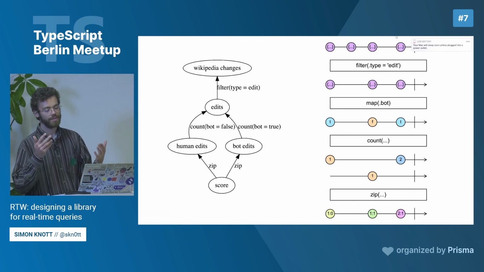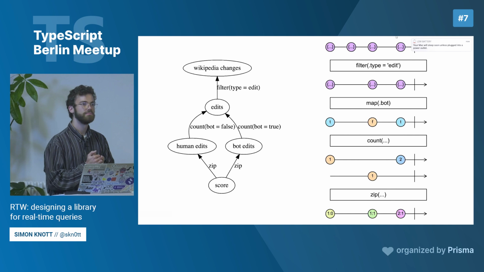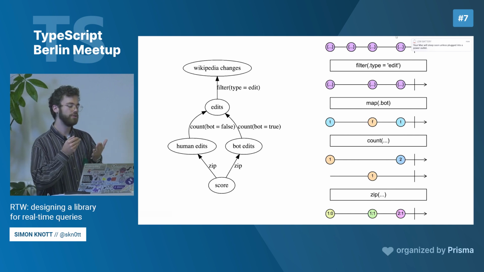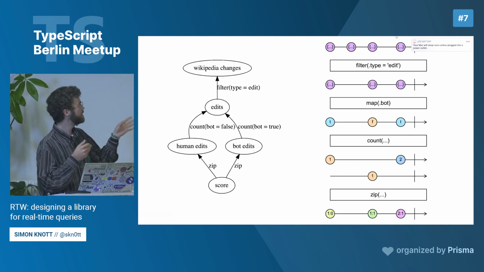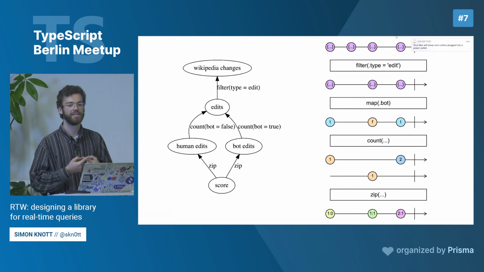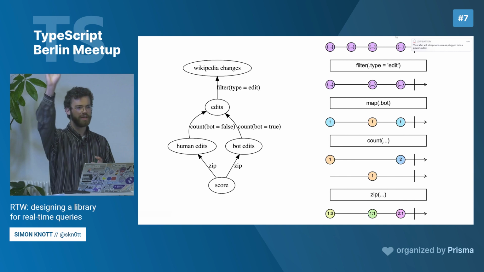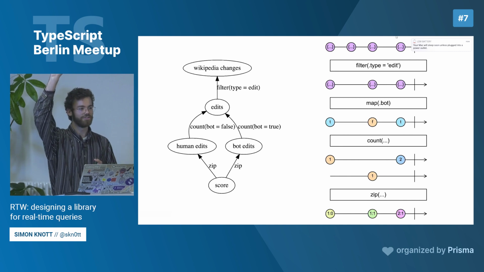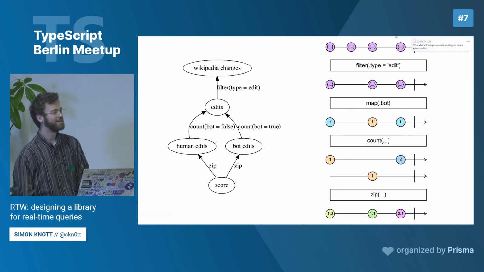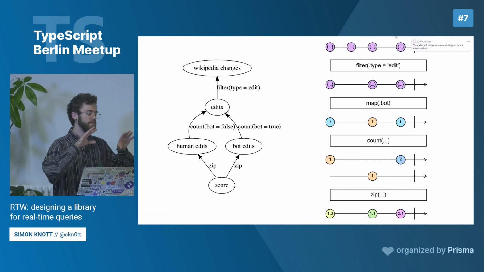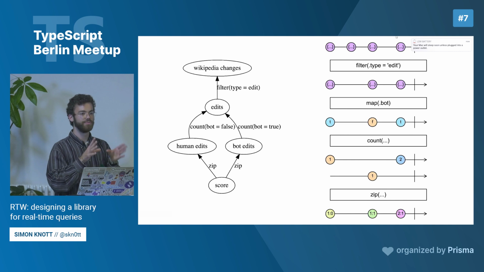But the idea behind RTW was to explore how you could build a similar thing without this concept of functional reactive programming. Similar to, like, how many of you know React? Again, that's a lot. Nice. So if you use React function components, or if you generally use React, you have these strong concepts of functional programming, right?